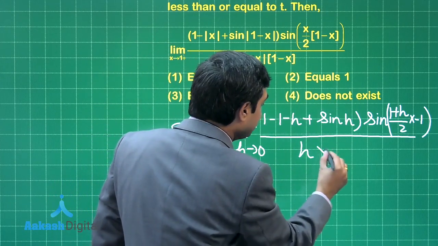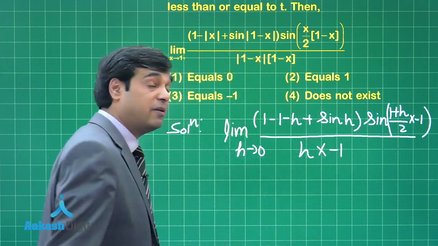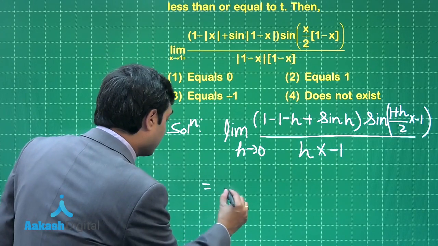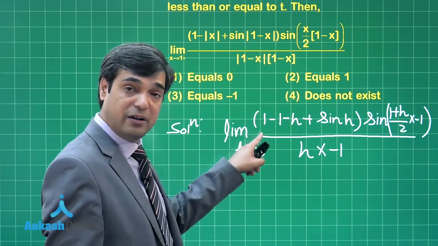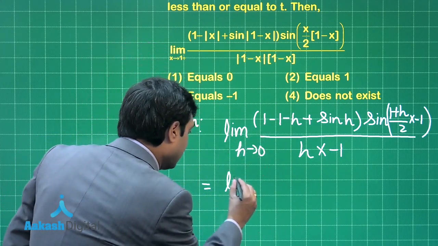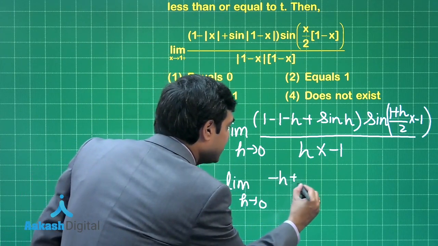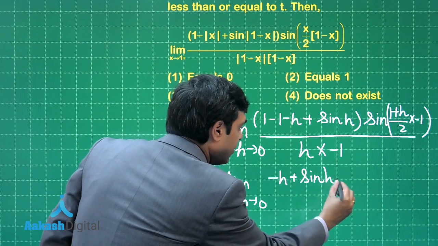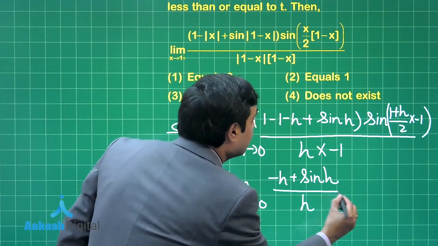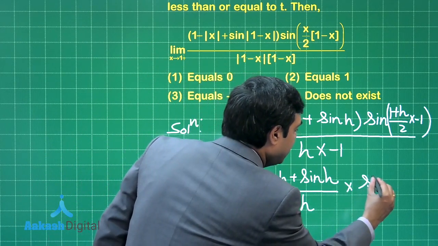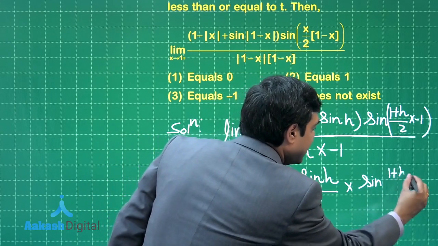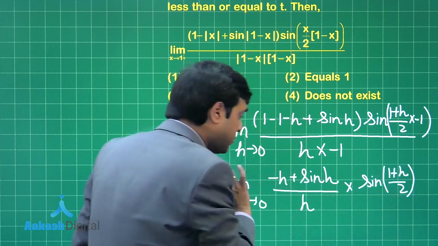Greatest integer of 1 minus x, we also know it is minus 1, we discussed. So, this is equal to simply 1 cancelled. We have limit h approaching 0 of (minus h plus sin h) divided by h multiplied with sine of (1 plus h) by 2. I am sure this is clear.